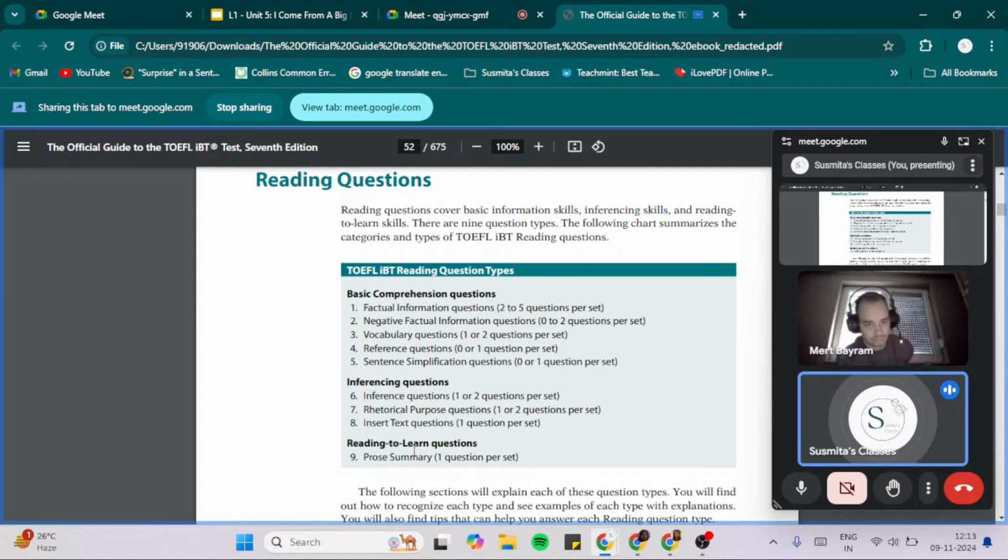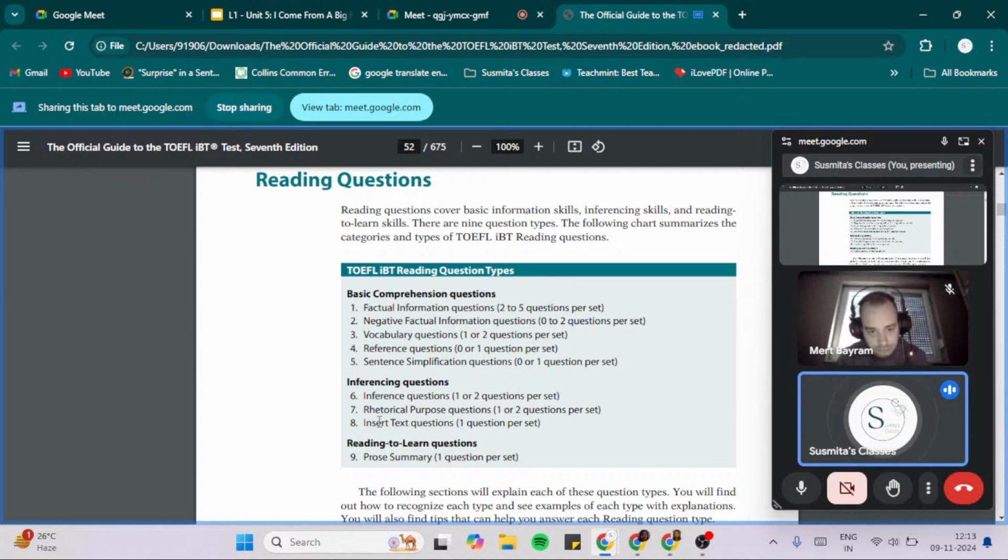So overall, in reading, we have 9 types of questions. First one is factual information question. Then next is negative factual information question. Then we have vocabulary questions, reference questions, and sentence simplification questions. Then inference, rhetorical, and insert text questions. And last one is prose summary question.